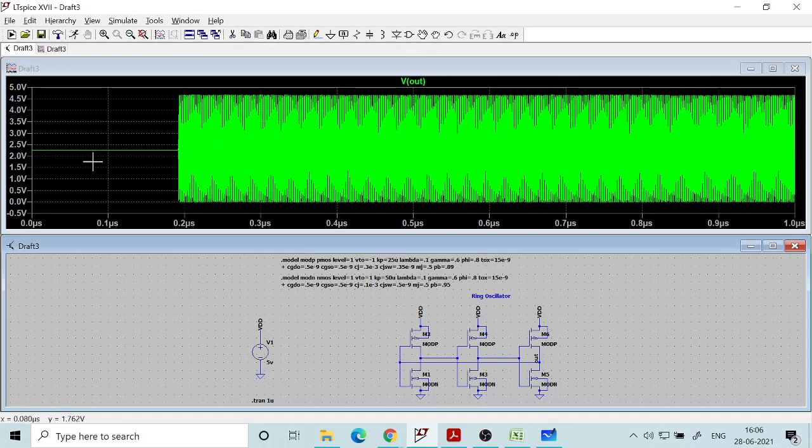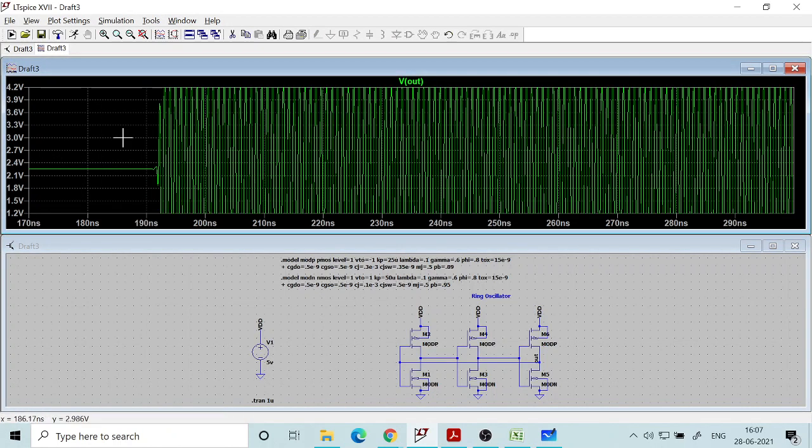For some time there was nothing happening, but at around 0.2 microsecond output started coming, but it's not very clear because probably the frequency is very high, so we need to plot it by stretching the time axis. If you magnify it, you can see.